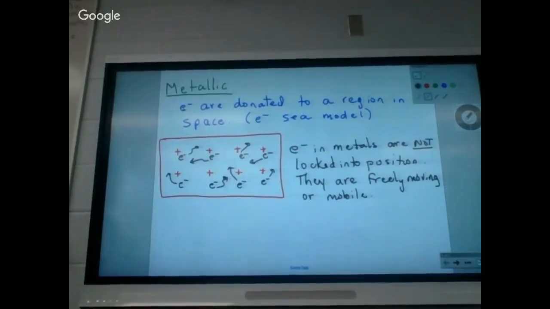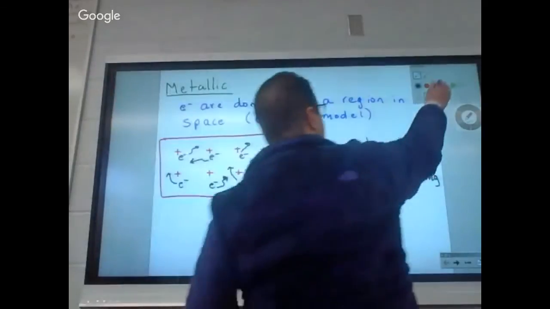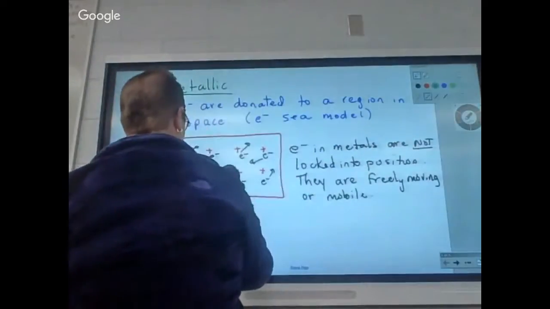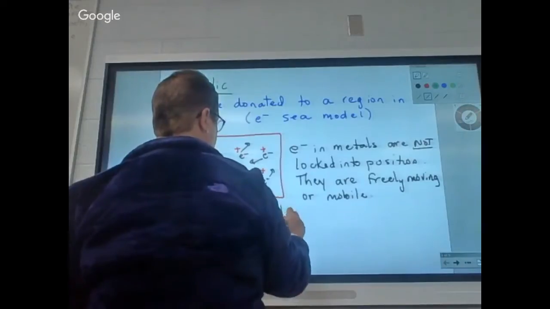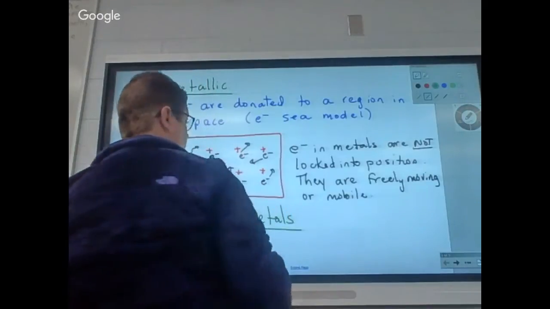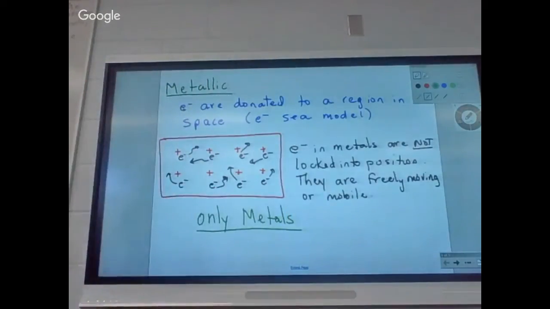They can move. So this is going to create some unique properties for metals that ionic and covalent bonds do not have. Metallic bonds are only for metals. That's for only metals.